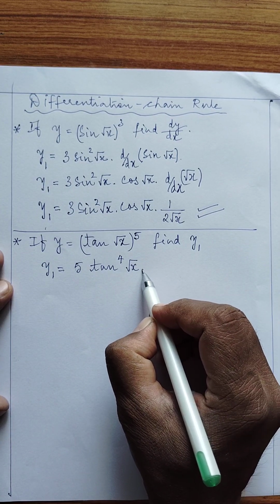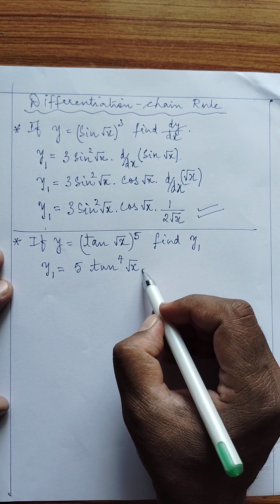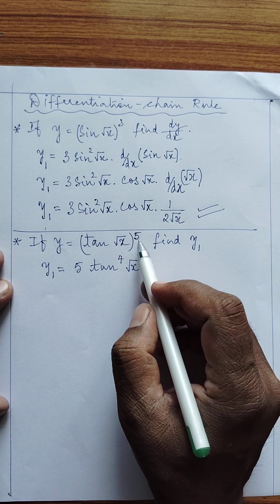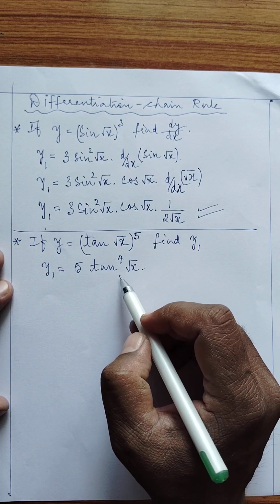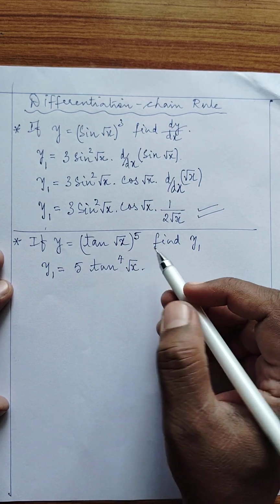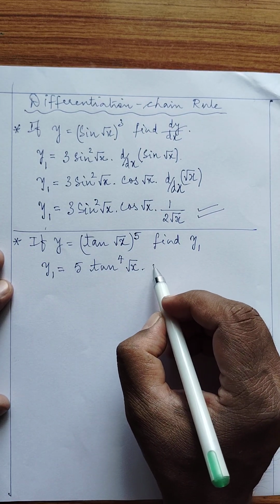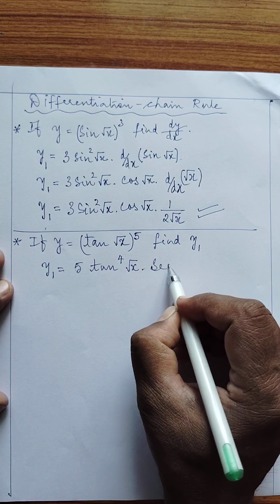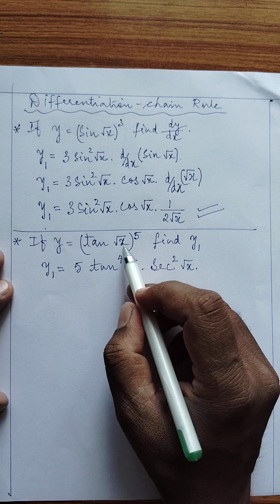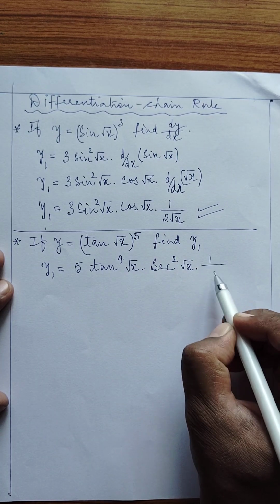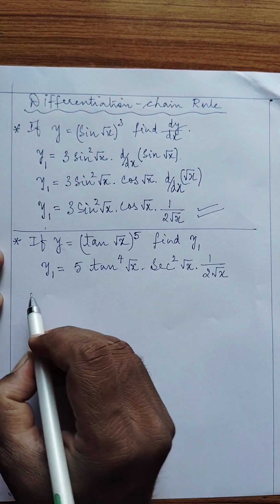Now instead of going for all the steps like the previous problem, directly we'll solve. We have used the derivative of x power 5. Now derivative of tan x is secant square root x. Now root x derivative is 1 by 2 root x.